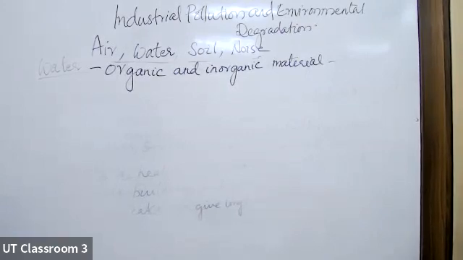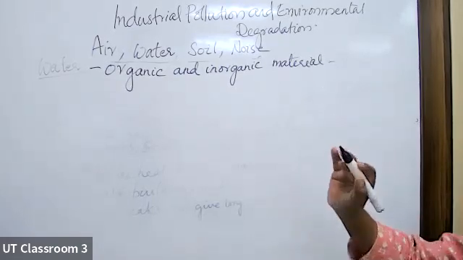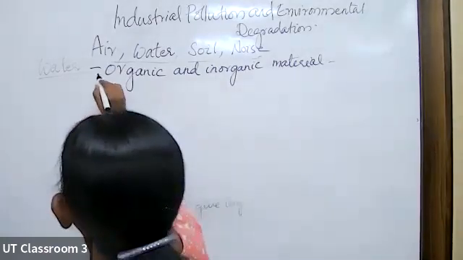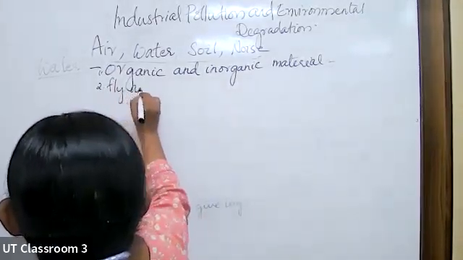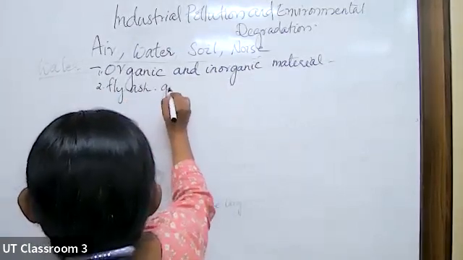Again, if we take all those pictures, all the living organisms, the animals and plants, get affected. That is how organic and inorganic materials pollute water. Now, next one is fly ash, gypsum.